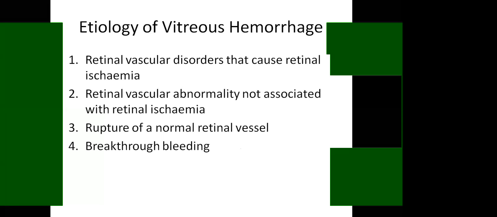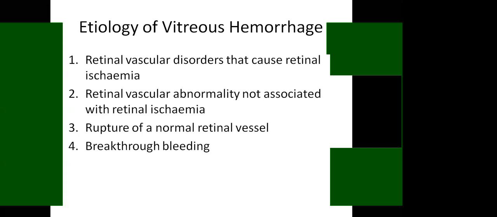Now, what are the causes of vitreous hemorrhage? The pathogenesis behind vitreous hemorrhage is basically driven by four main mechanisms. One is retinal vascular disorders that cause retinal ischemia, which is the drive behind the production of vascular endothelial growth factor and other growth factors that then cause new vessels to grow. Those new vessels are fragile and they tend to bleed.